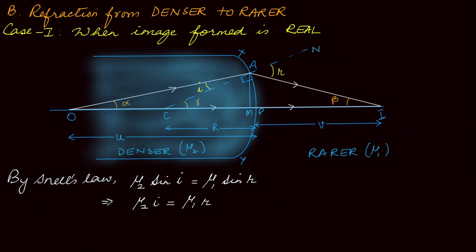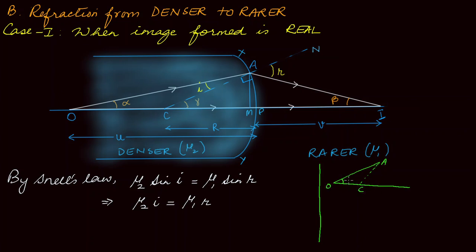Now if you look at this diagram once again, let us take this triangle AOC, something like this. Then you have the dotted line like this. This point is A, this point is O, this point is C.